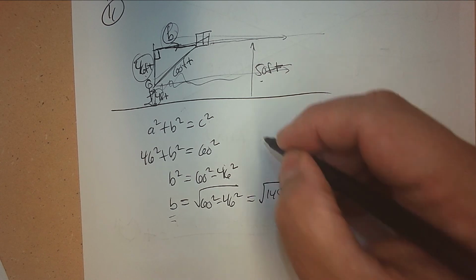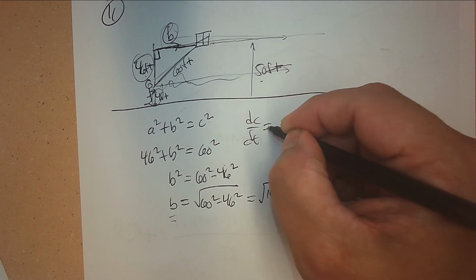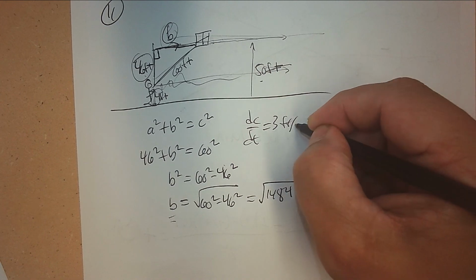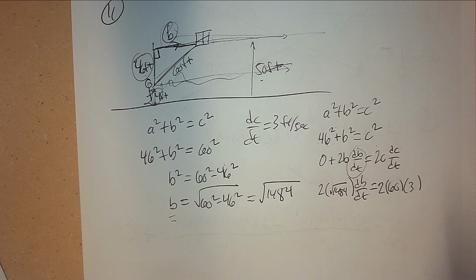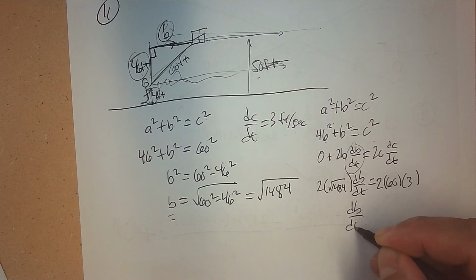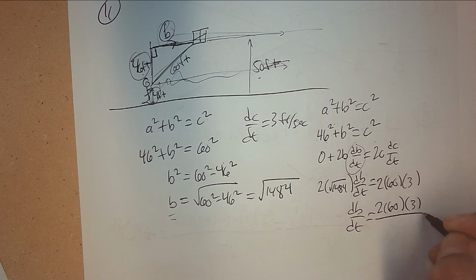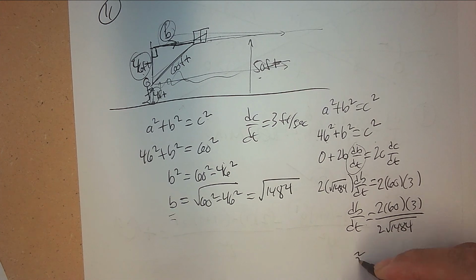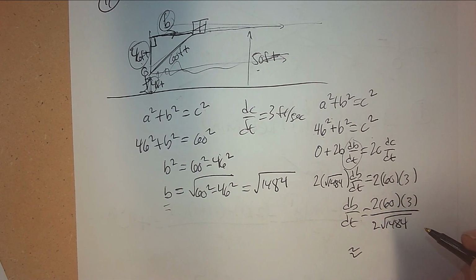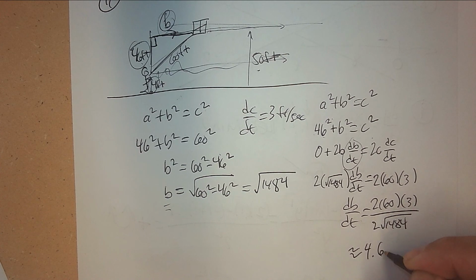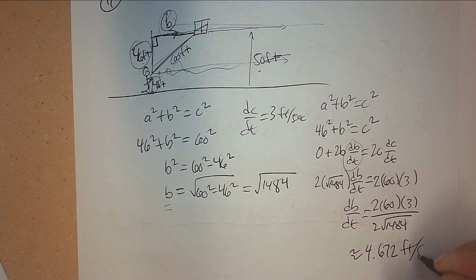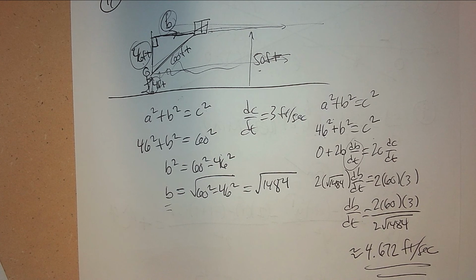So that is dc by dt, 3 feet per second. Now all I have to do is get db by dt by itself and use my calculator. So it's 2 times 60 times 3 divided by 2 times root 1484. And what is that? Approximately, rounding to 3 decimal places, I get 4.672 feet per second. That's the rate the kite is moving at, exactly when it's 60 feet up.